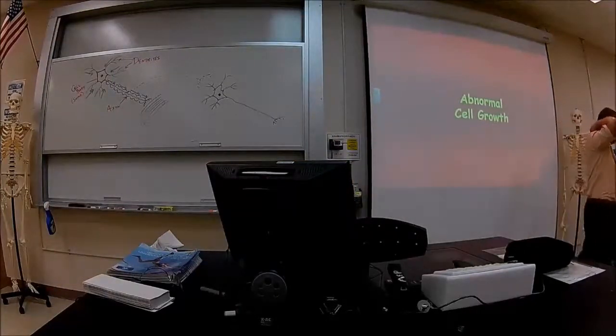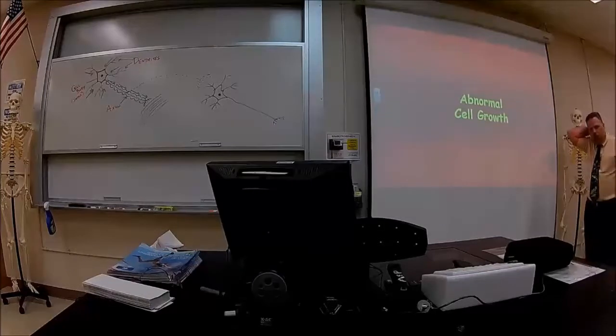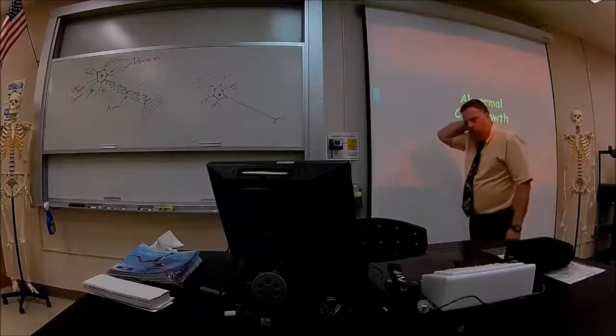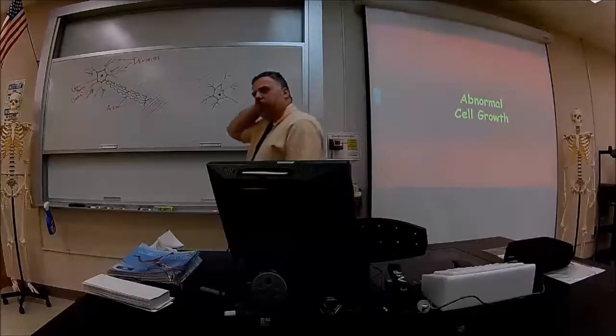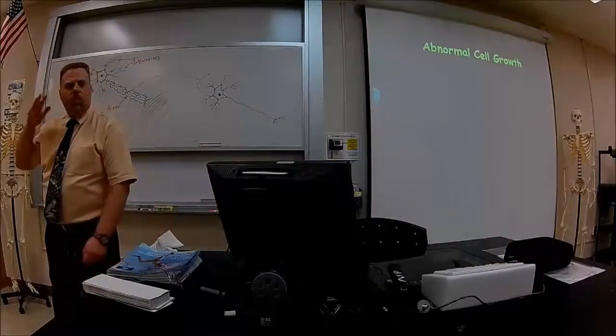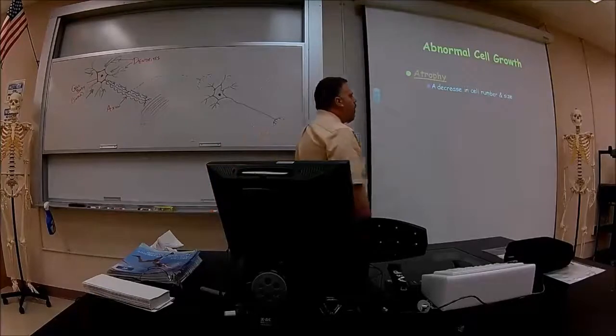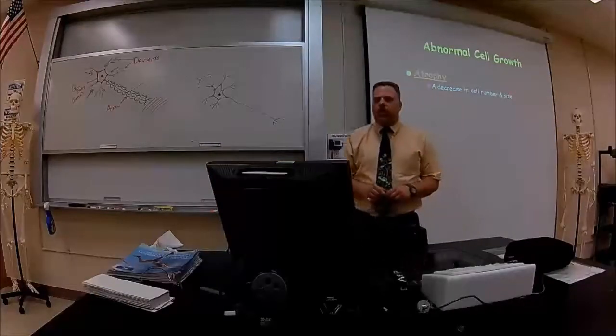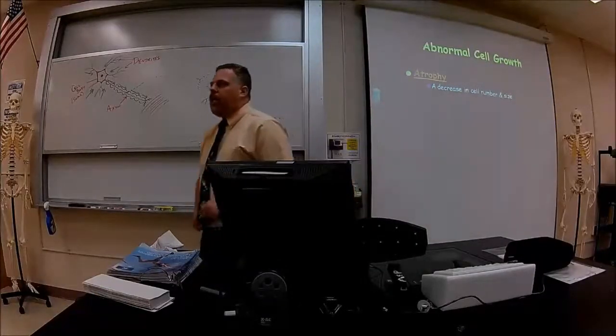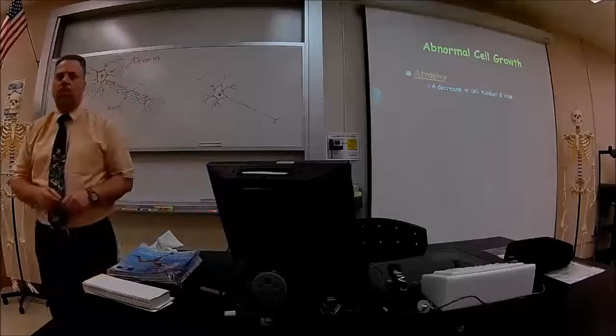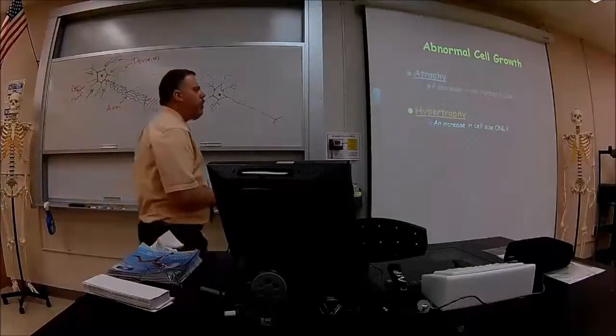Because you're using these terms throughout A&P 1 and 2. A few of them, the first three are pretty easy to manage. Abnormal cell growth, atrophy. Atrophy is when we have a decrease in cell number and cell size. Hypertrophy.